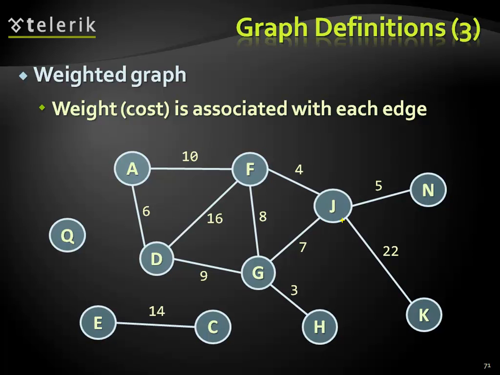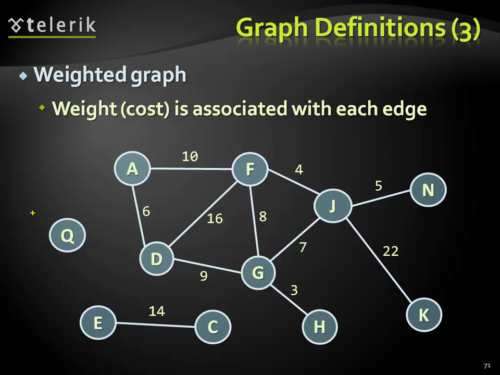This could be anything. There's no way to reach Q. Q is no town in Bulgaria, that's why there's no way to reach it. Okay, it's not a valid diagram.